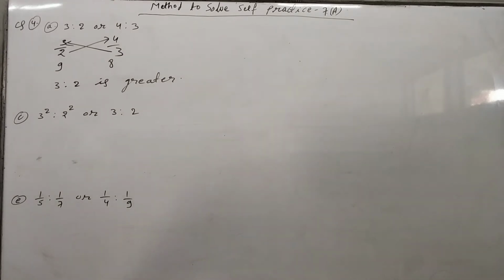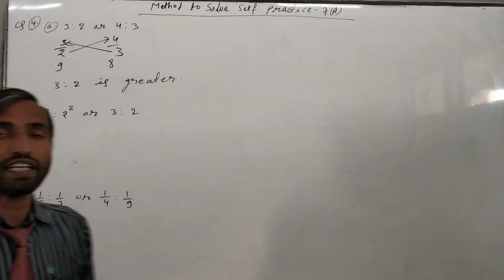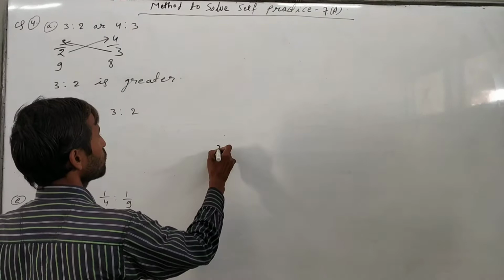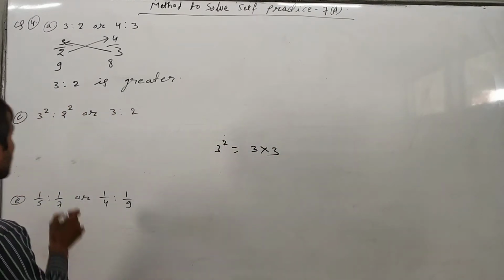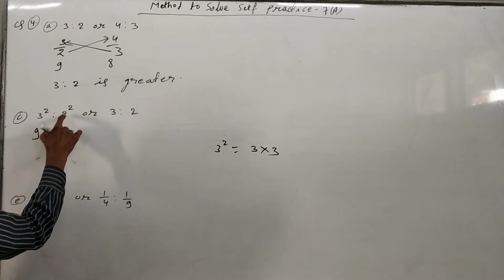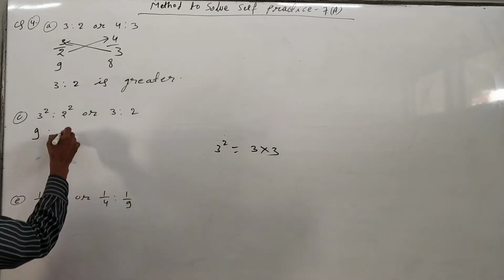In the B part I have left, just try yourself. Question number C, just see 3 power 2 is to 2 power 2. 3 power 2 means 3 into 3, which will come 9, and here 2 power 2 means 2 into 2, it will come 4.